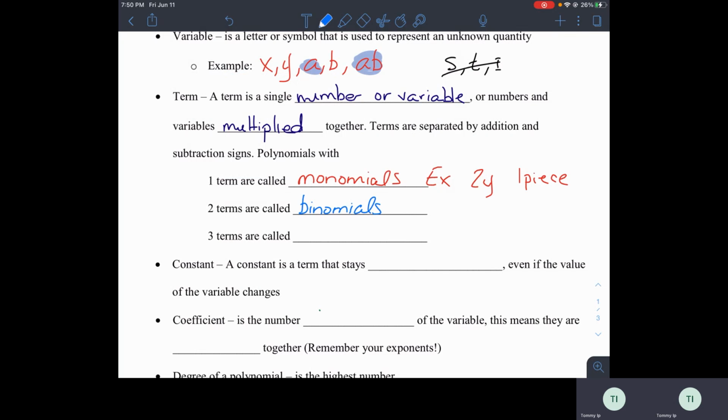They're called binomials because it's like a bicycle. And an example of that would be 2y plus 3. Notice how I have two pieces now that are being separated by an addition sign. I'm going to also write out a subtraction sign.